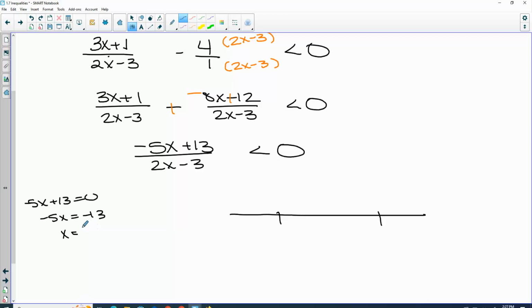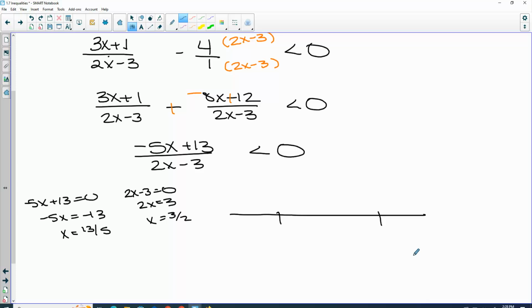So we get 13/5. We need to know what makes 2x minus 3 equal 0. So that's 3/2.